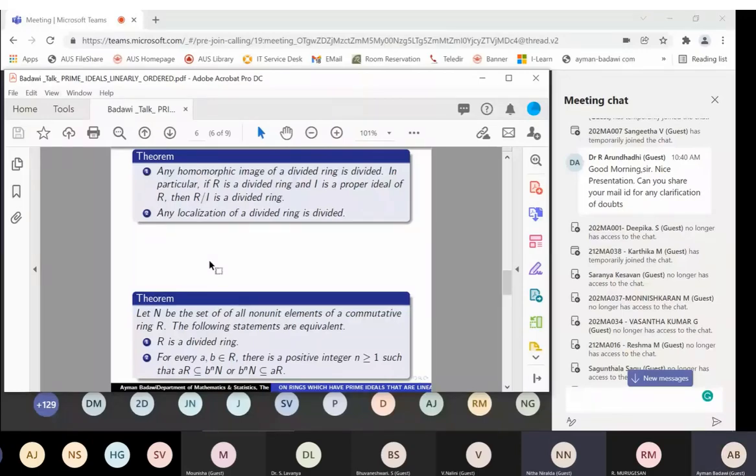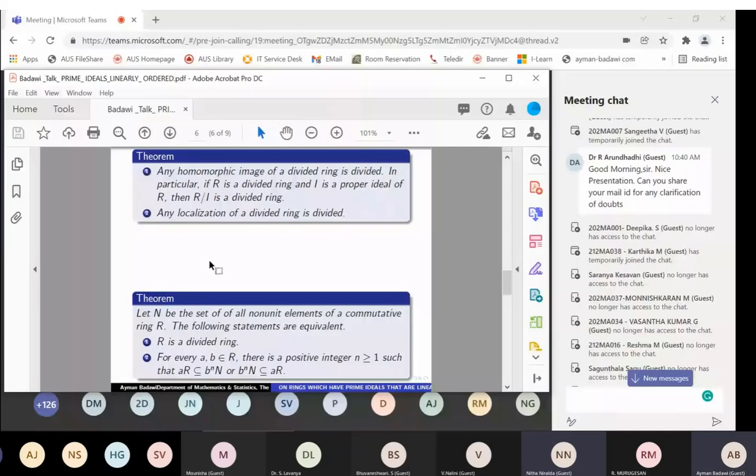Except if your ring has exactly one maximal ideal, then definitely N will be this maximal ideal. But in the hypothesis, we are only taking N to be the set of all non-unit elements of a commutative ring.